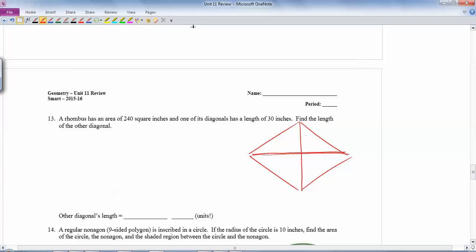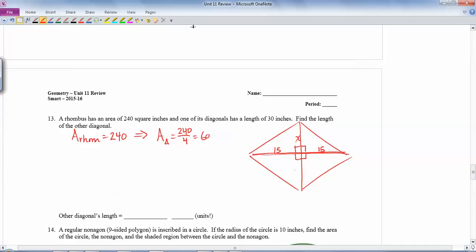I'll draw on the other diagonal too, because we know that these are perpendicular. We end up with 4 congruent triangles. The 30 gets cut in half into 15 and 15. And since the area of the rhombus is 240, I just cut it into 4 congruent triangles. So the area of one triangle is 1/4 of that, which is 60.